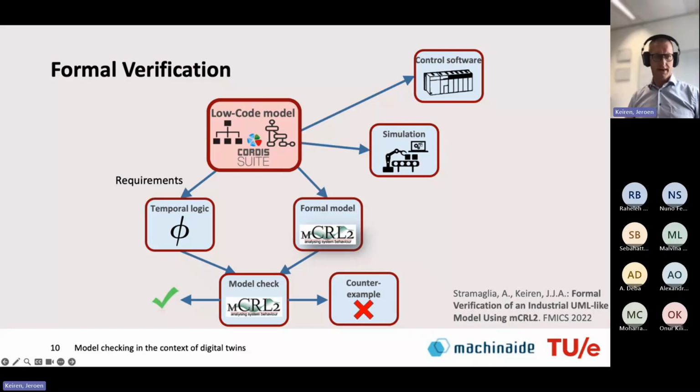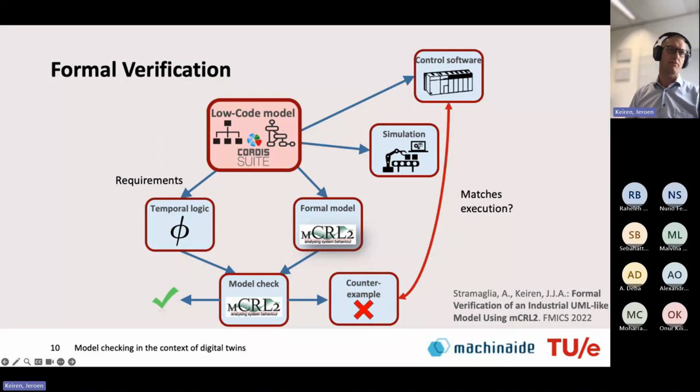Now, what we did here in the development process was whenever we got a counterexample from the model checker, we try to correlate this with either the simulation, or we hooked it up to the debugger and tried to match the execution described by the counterexample in the control software.